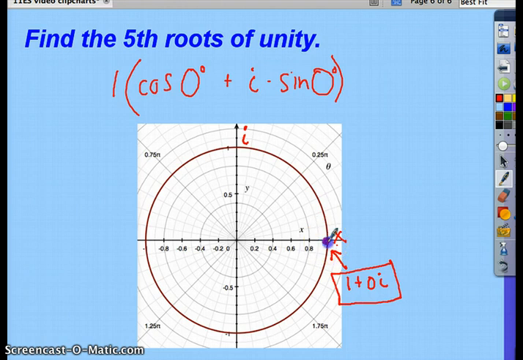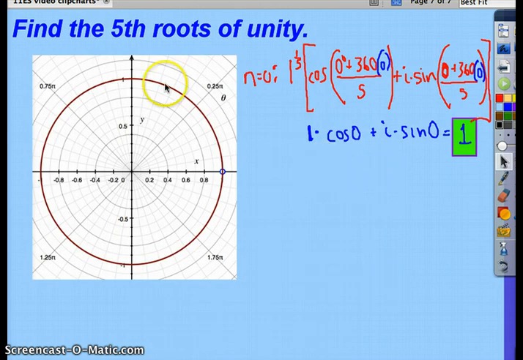Remember, if we're looking for the roots of a complex number, they will be evenly spaced out. And in this case, I know that my radius will always be 1. So let's look at an example. So suppose we're going to take the fifth roots of unity. Again, I'm doing this the long way, and you're going to realize there's a much easier way to do this.